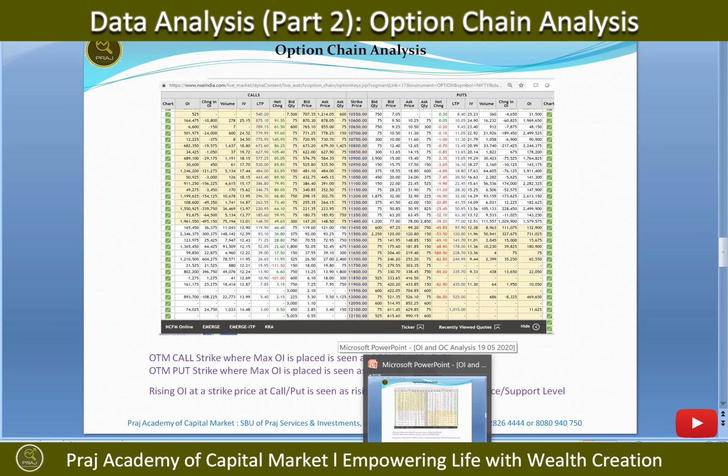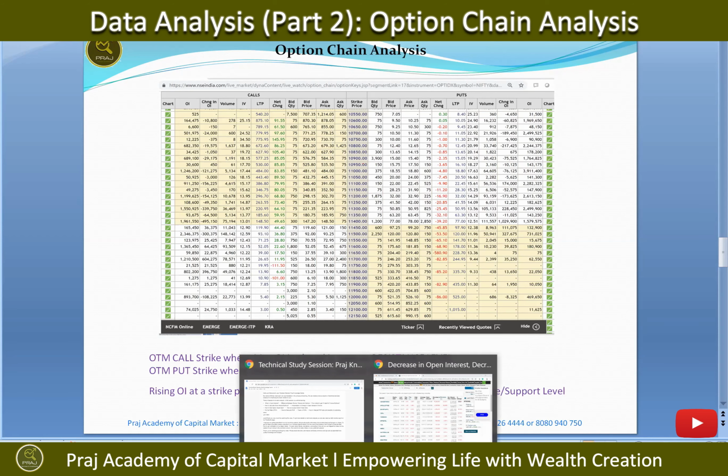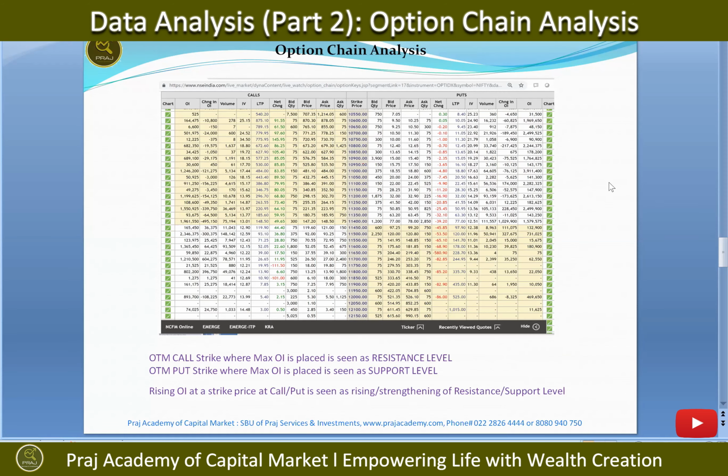Now, to see the option chain analysis, you can go to the NSE site and you will see this kind of chart. But just before we get into the chart, try to understand: the OTM call strike where the maximum open interest is placed is seen as the resistance level, and the OTM put strike where maximum OI is placed is seen as the support level.